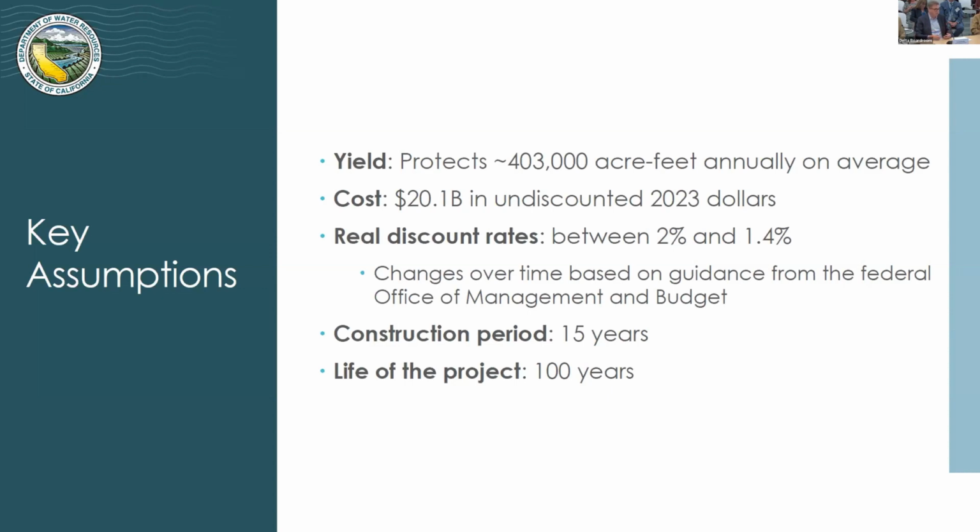I worked on this when I worked at the White House, and we recommended exactly these changes, and it's just taken a little while for the OMB to finally get around to this. But the important point is we're following the federal playbook for how to discount future benefits and costs. We're assuming a 15-year construction period, and then we're looking at benefits and costs over a 100-year operating life of the project.